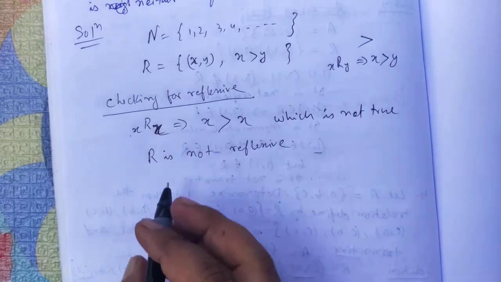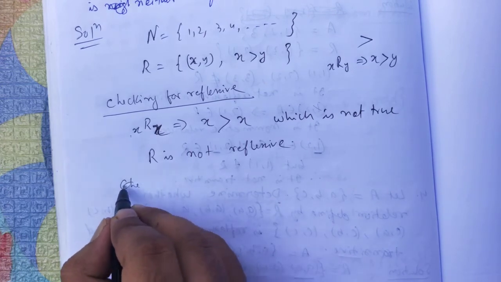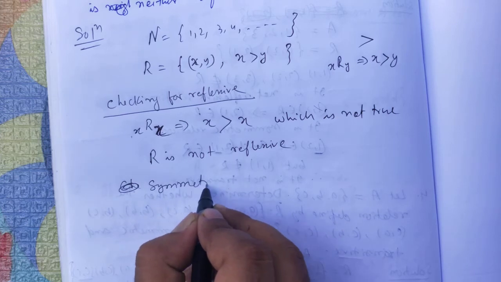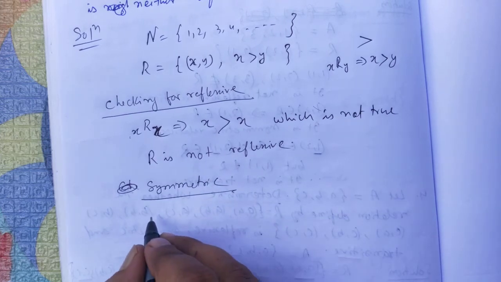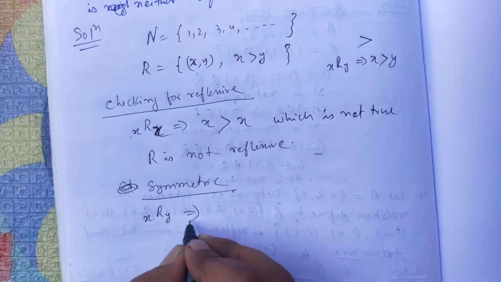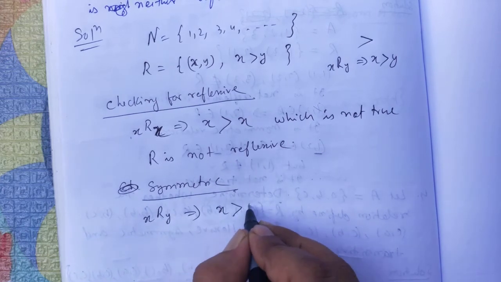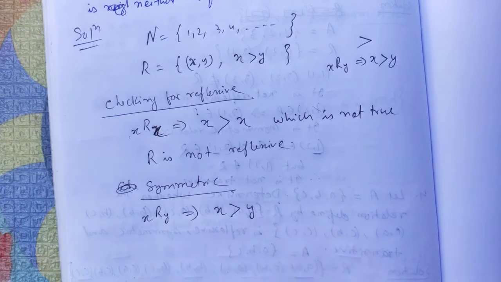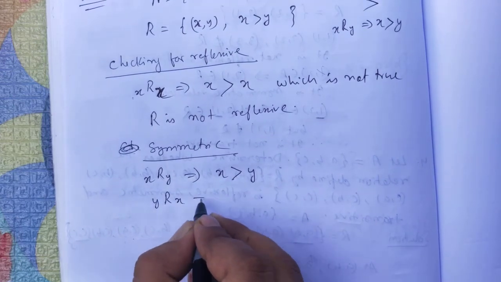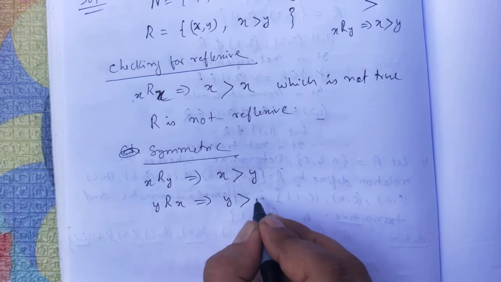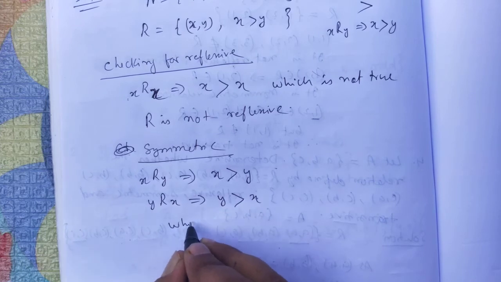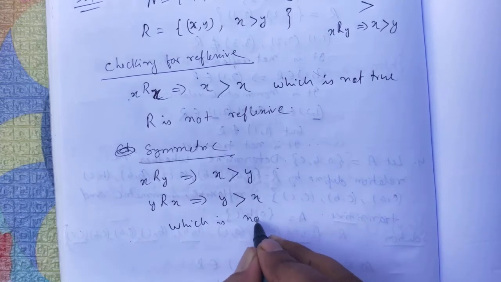Clear? Let's check for symmetric. For symmetric I need two elements. x related to y implies x is greater than y. Does it mean that y related to x, y will be greater than x? Is it possible? It is not possible.